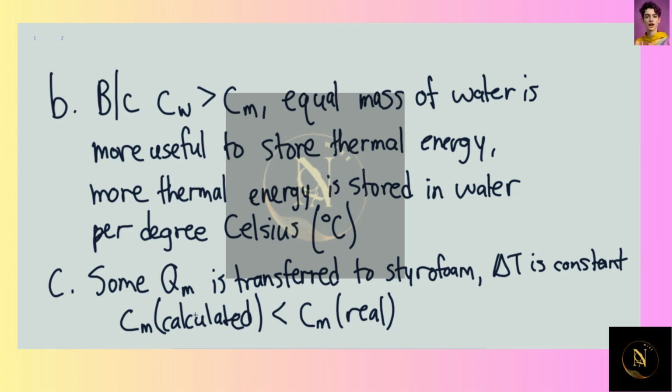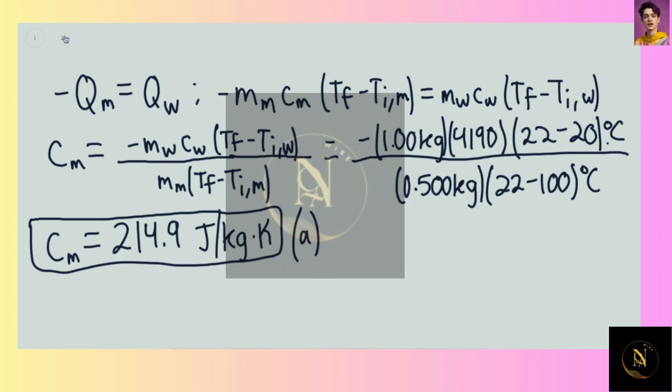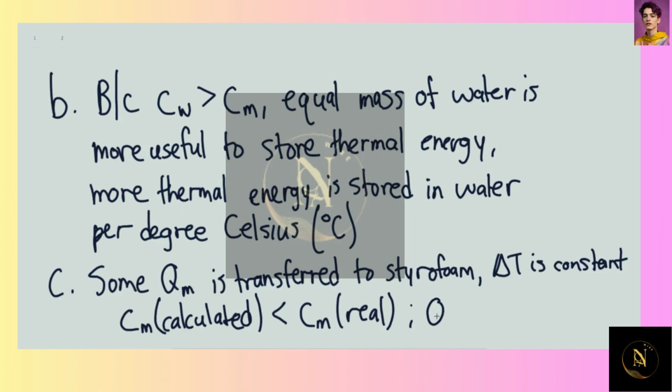We can say that the calculated specific heat of the metal will be less than the actual specific heat of the metal, and that's simply due to Q equals mc delta T. That is the end of the solution.